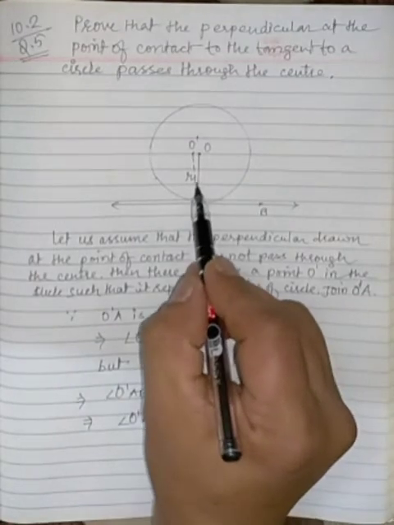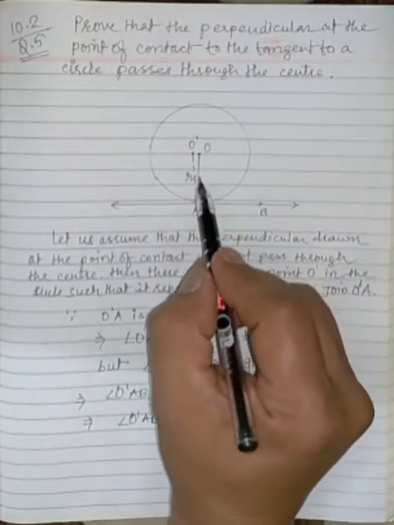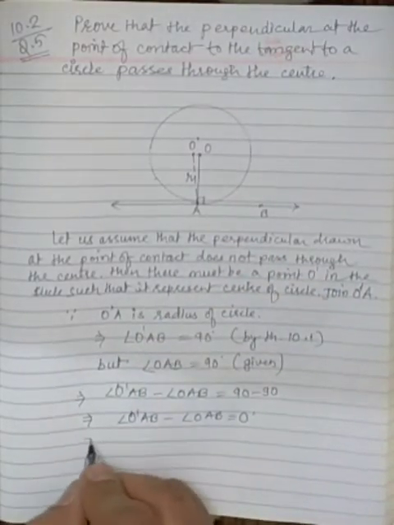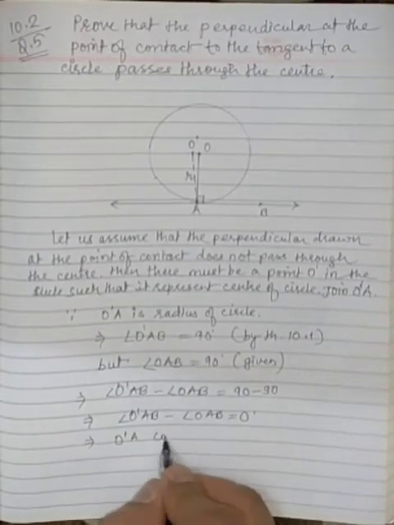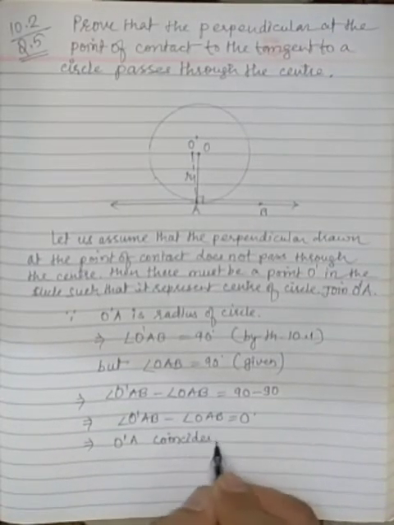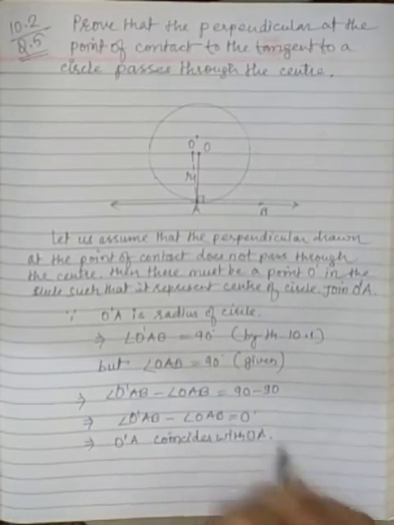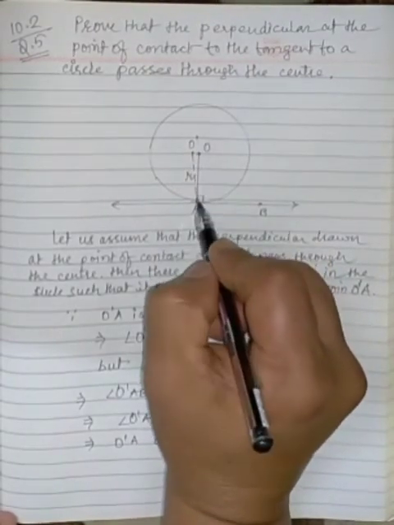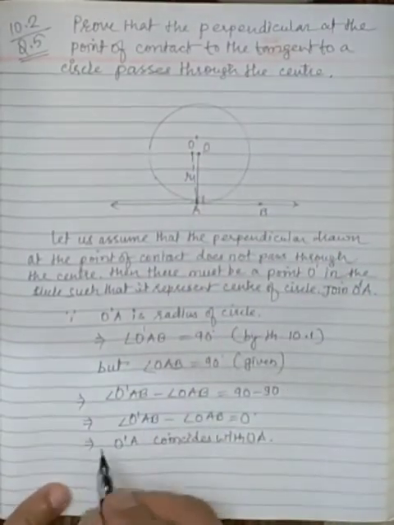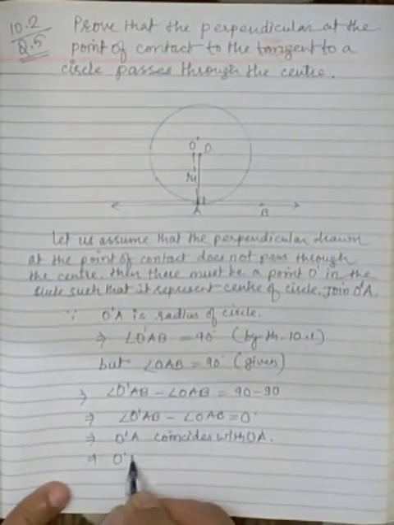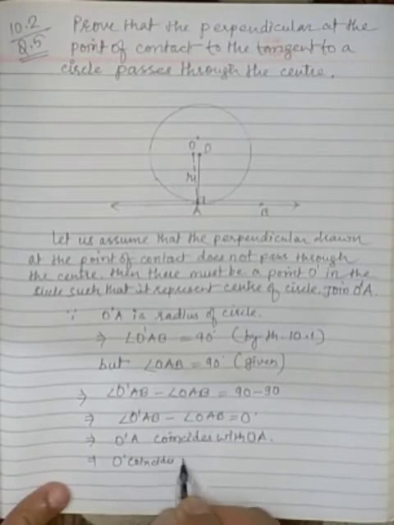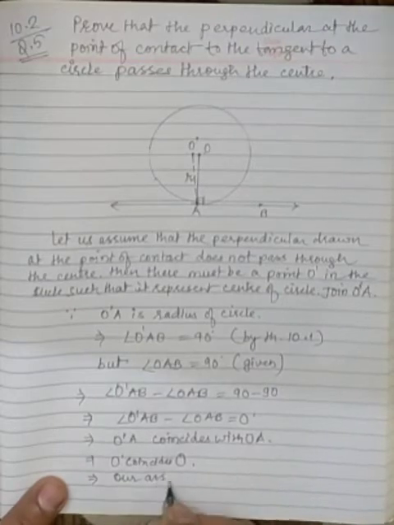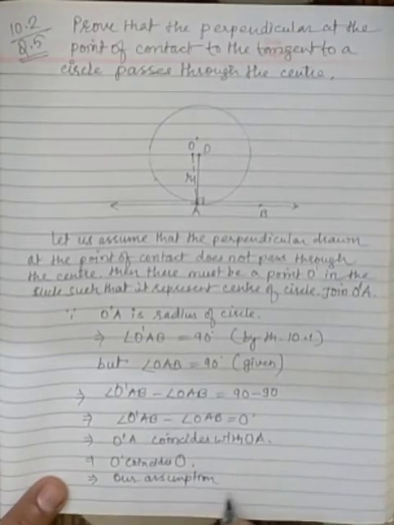So if this difference is 0 degrees, that means the line segment O dash A should coincide with OA. And if O dash A coincides with OA, that means O dash falls on O. This implies that our assumption is wrong.